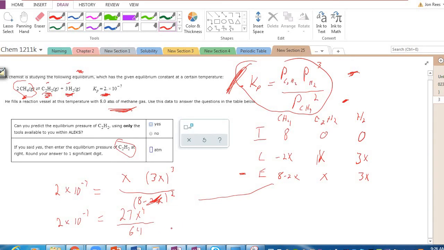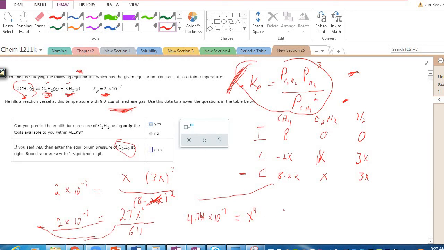Now I can solve for this. I can take that 64, multiply, and then take that 27 and divide. It's just straight up algebra, and I'm not going to go over how to do the algebra. When I do that, I get 4.74 times 10 to the minus 7th equals x to the 4th.